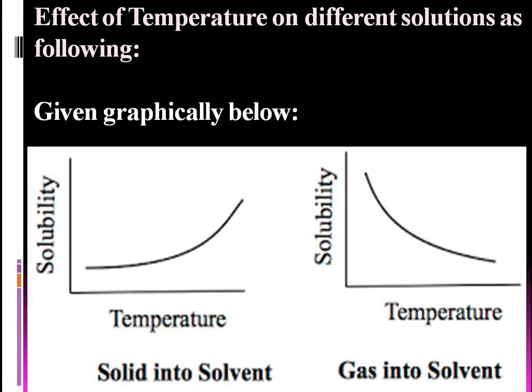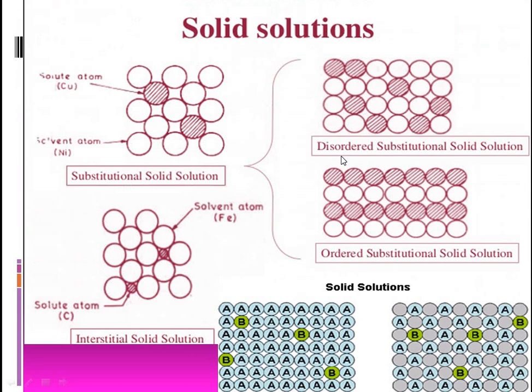This is the effect of temperature on different solutions: one is a solid in a solvent, the other is a gas in a solvent, meaning solid in liquid and gas in liquid. In solid in liquid, the solubility increases as we increase the temperature, and in gas in solvent, the solubility decreases with an increase in temperature.